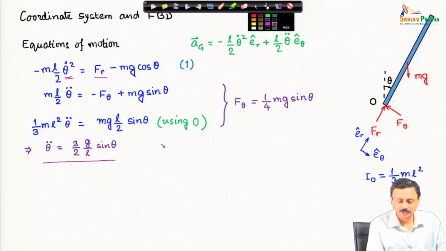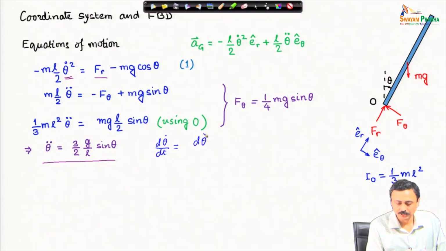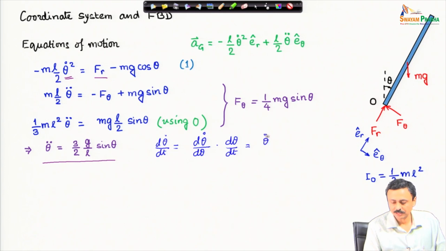In order to integrate this equation, I write theta double dot as d theta dot dt, and that is equal to d theta dot d theta times d theta dt, and that means it becomes theta dot d theta dot d theta, and that can be written as d theta of 1/2 theta dot square.